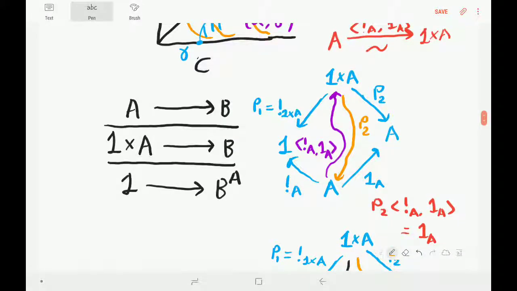Now, how can we see this as an isomorphism? This is important. Well, we need an inverse, and I claim that the inverse of this is just p2.